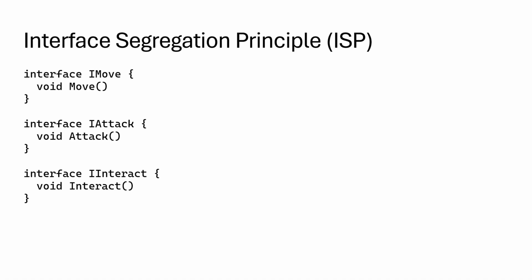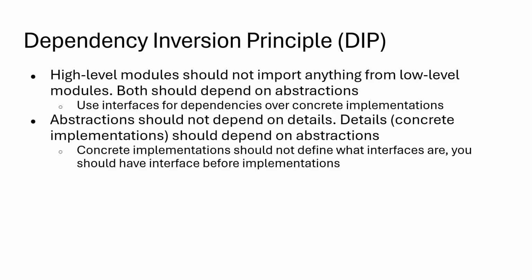So the final principle in SOLID is the dependency inversion principle, which basically means that high-level modules should not import anything from low-level modules, and they should depend on abstraction. What it basically means is, instead of having a direct reference to a concrete class, you should use an interface whenever possible if the concrete class implements an interface. Why?